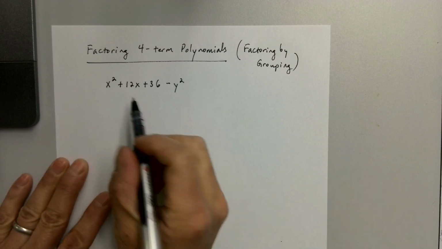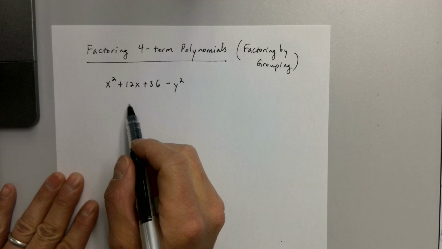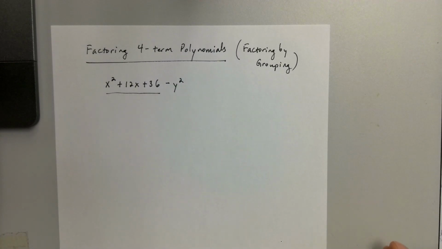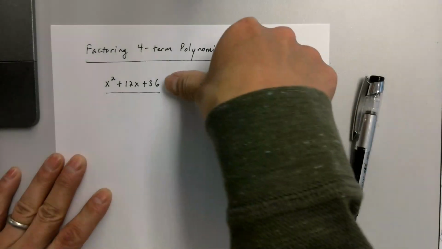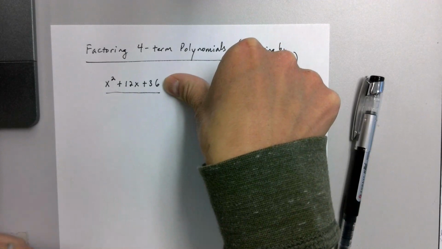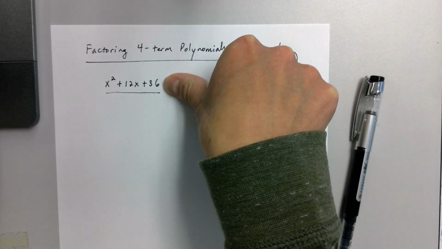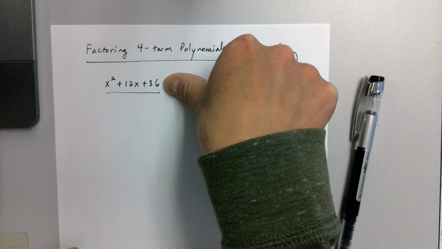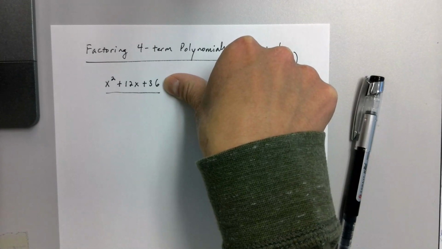Now, I want to point your attention to the first three terms, because they should look familiar to you. I'll cover up the minus y squared. If you look at the first three terms, that is one of our patterns. That is our perfect square trinomial pattern, a squared plus 2ab plus b squared, where b is 6. So we know how to factor that.